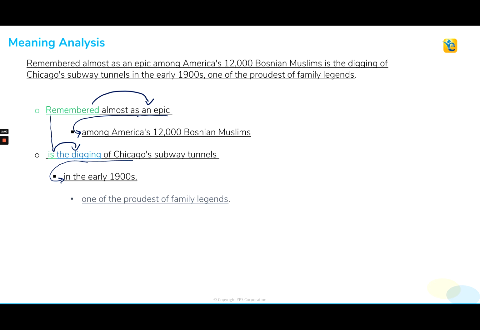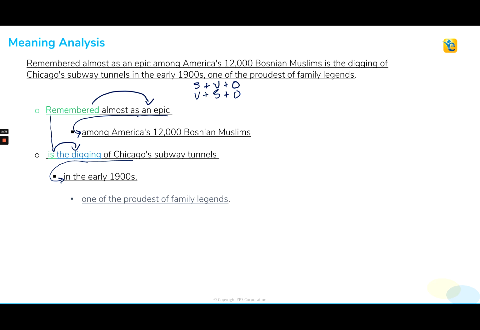Our traditional structure is that we have subject plus verb plus object, and then our modifiers worked in. But in an inverted structure, we tend to have our verb, then our subject and objects, modifiers. So here you can see our verb is remembered, and then our subject, the digging.